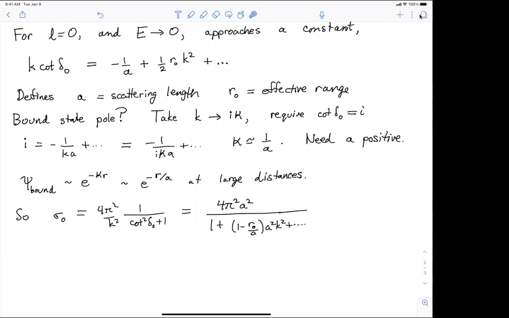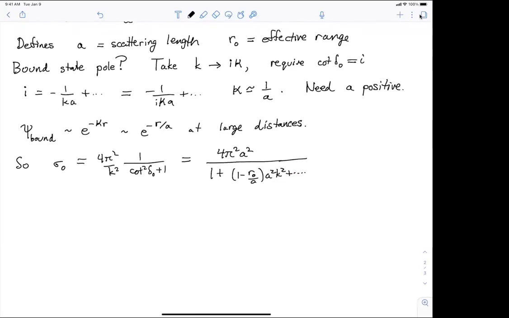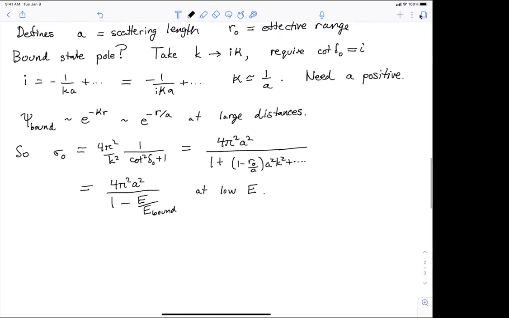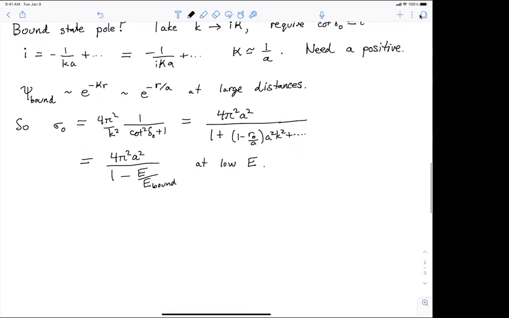And then in the denominator, we have 1 plus something proportional to energy, but we know this thing has to have a pole at the bound state energy, so we can write this as 4 pi squared a squared over 1 minus energy over the bound state energy, because it's got to blow up where the bound state energy is equal to E. So this is going to be valid at low energies. And so by looking for something like this, you can infer where the bound state should actually be.